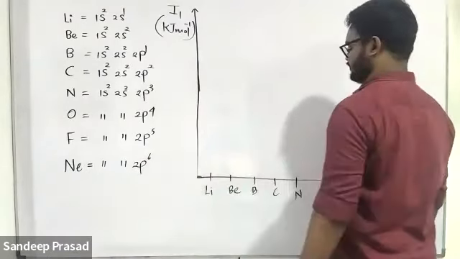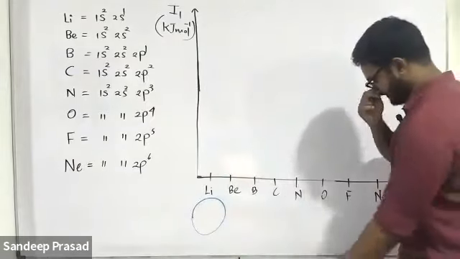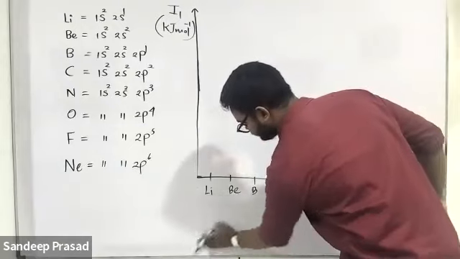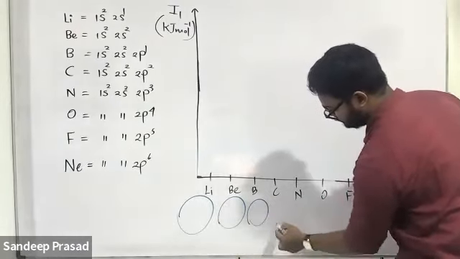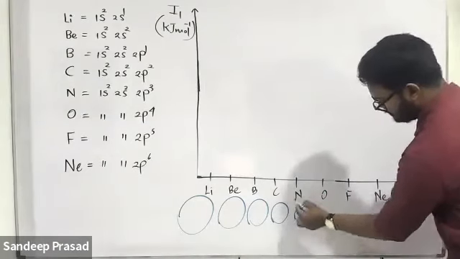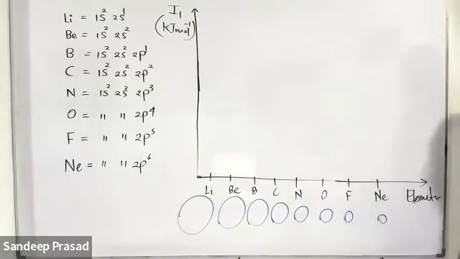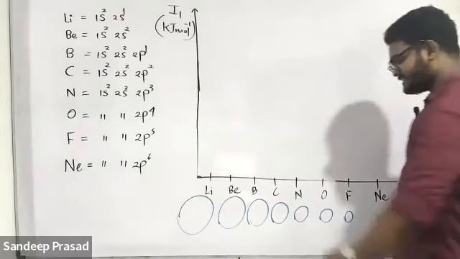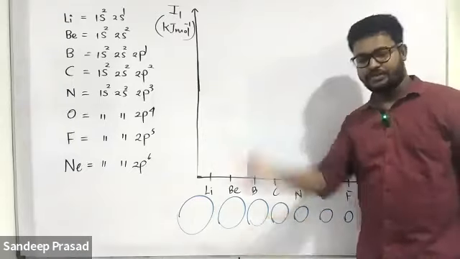Along the period, we know that radius is decreasing in this way. When the radius is decreasing, what should happen to the ionization energy? Ionization energy should increase.